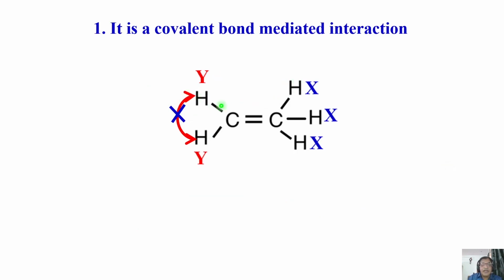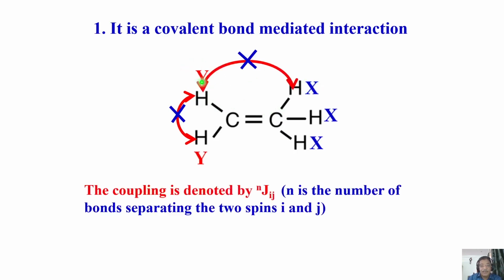How many bonds are there? 1, 2, and 3. So this proton and this proton are separated by 3 bonds. And if I call this proton X and this Y, what is my nomenclature? 3JXY. So these two protons are separated by 3 bonds and the interaction is between this spin and this spin.